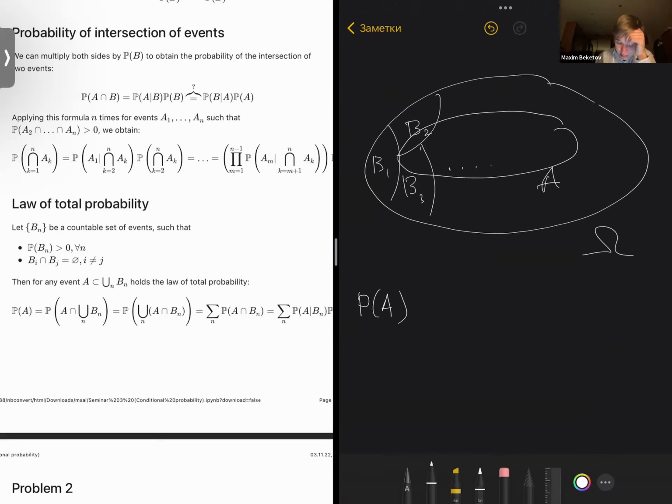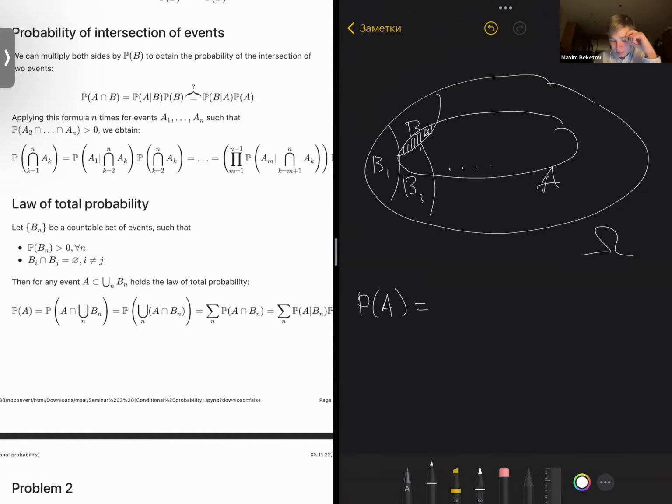The probability of A is basically the area of this circle A, right? But you can find this by doing the following. Let's take this thing, the intersection, right?